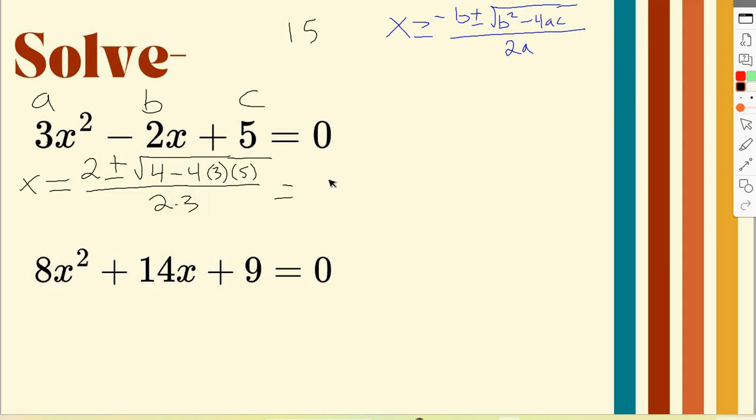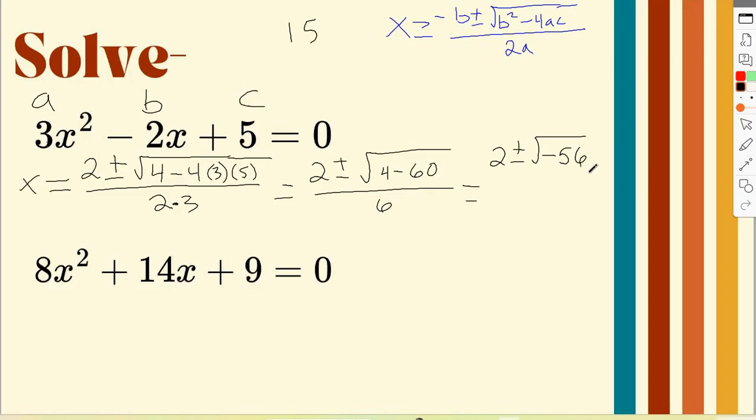So for 4 times 5 gives us 20. Times 3 gives us 60. What is 4 minus 60? Negative 56.